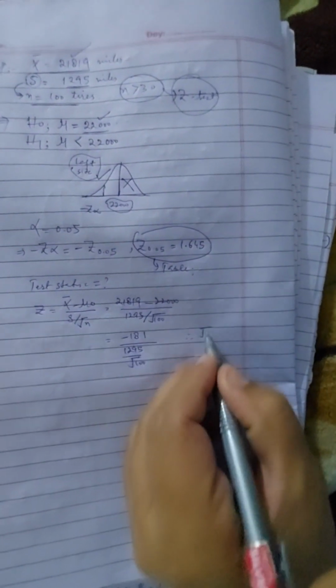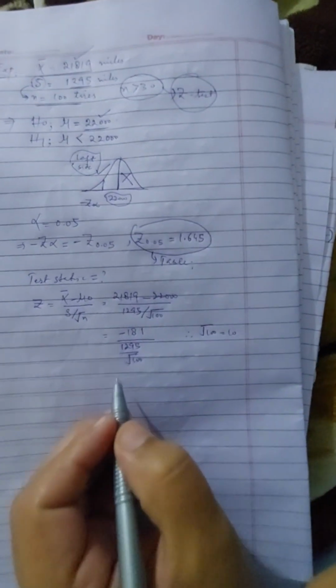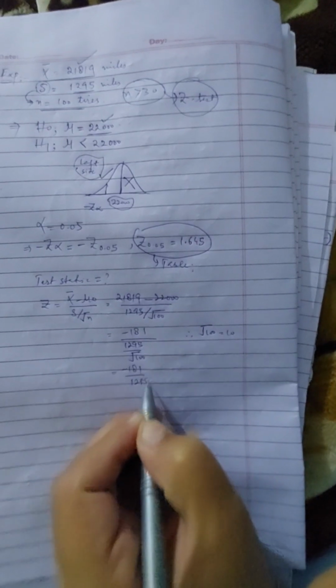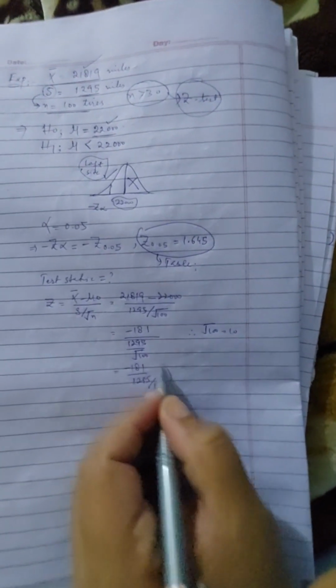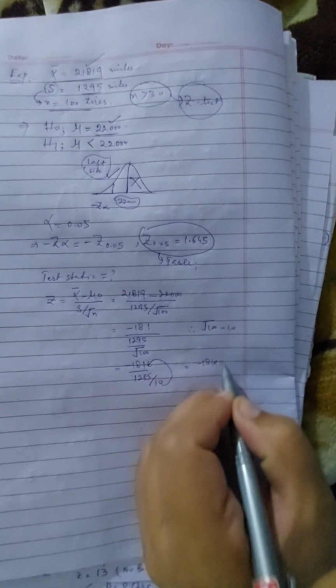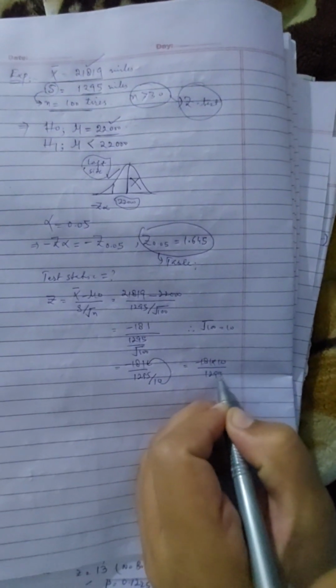We know that the square root of 100 is 10. So minus 181 divided by 1,295 divided by 10; this moves upward, so we get minus 181 multiplied by 10 divided by 1,295.